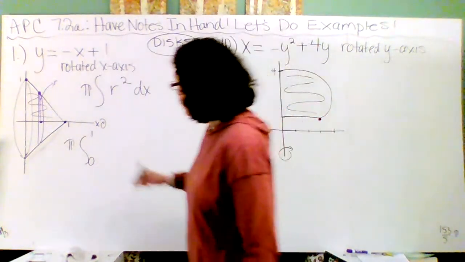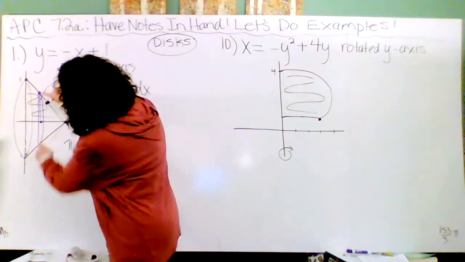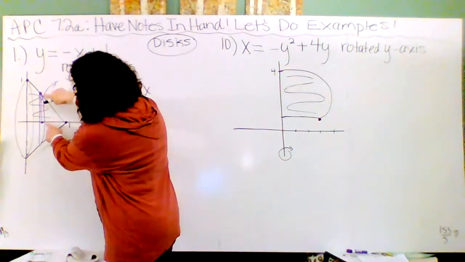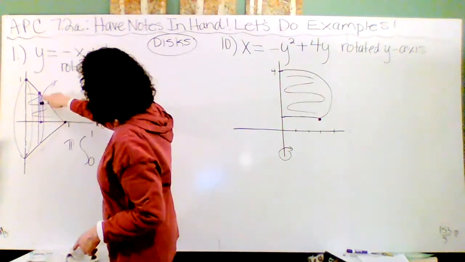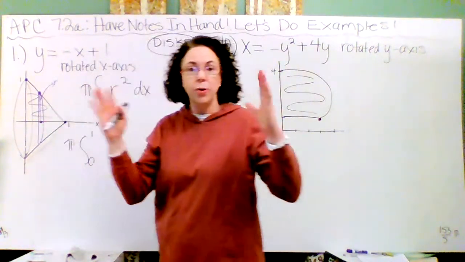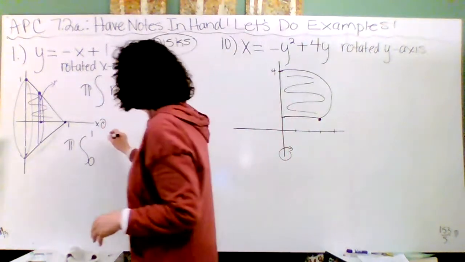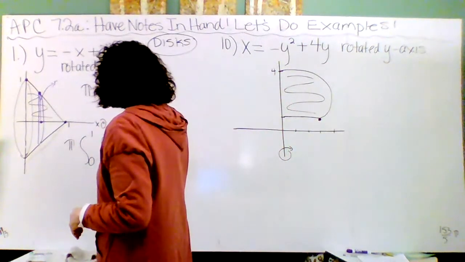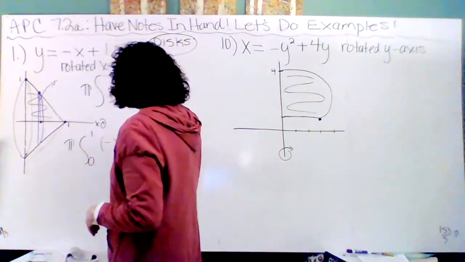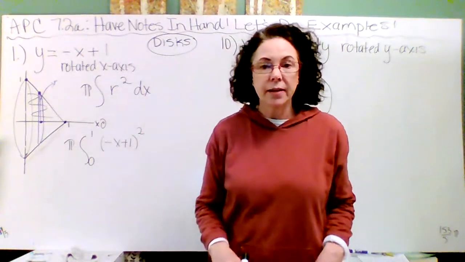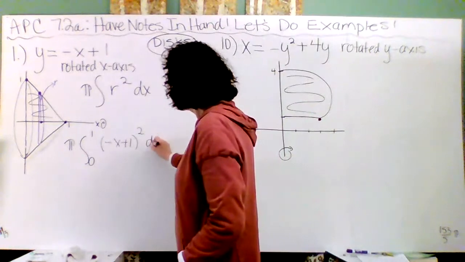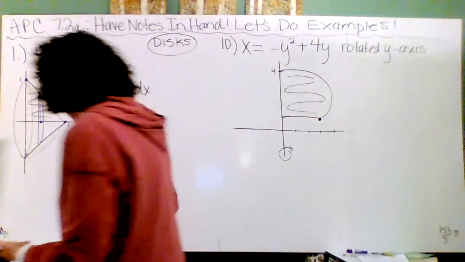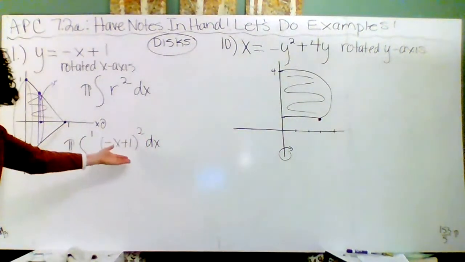My radius would be the distance from this function to this. Now, luckily, this function is 0. So negative x plus 1 minus 0 is the length. Negative x plus 1, don't forget your squared, is the length of my radius. Negative x plus 1 minus 0, dx. Okay, the next thing I'm going to do is actually square.